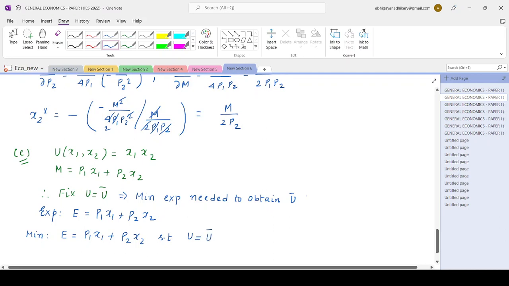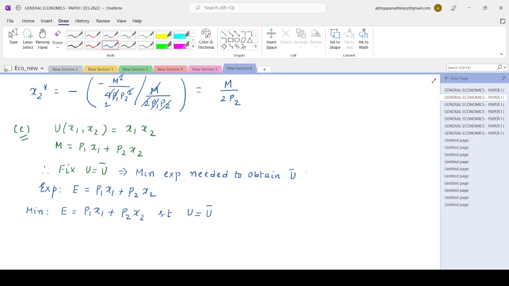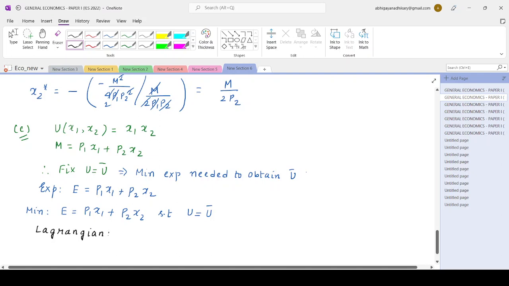Correct? So we again set up the Lagrangian, which is p1 x1 plus p2 x2 plus mu times u bar minus u of x1 x2, where mu is the Lagrange multiplier.